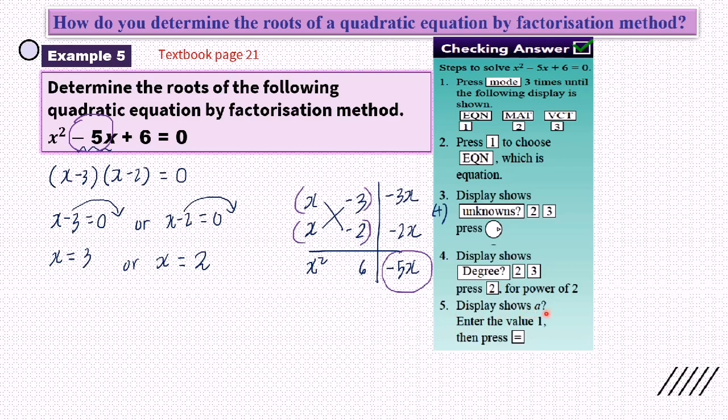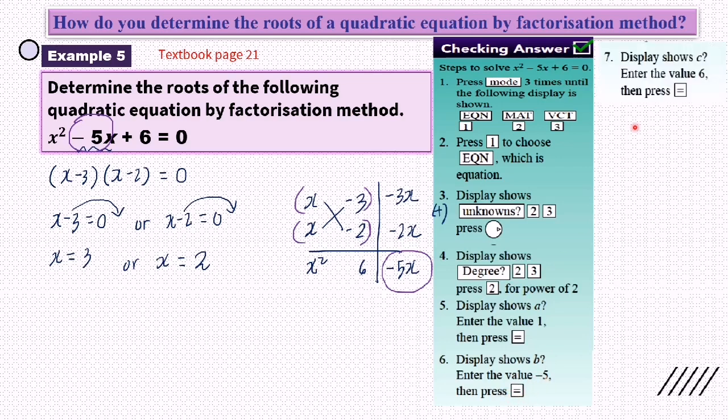Display show a equals 1. So for this equation, a is equals 1. So you key in 1. Then press equals. After that, you will see b equals what? So b is negative 5. So key in negative 5 and press equals. And what is the value of c? 6, right?